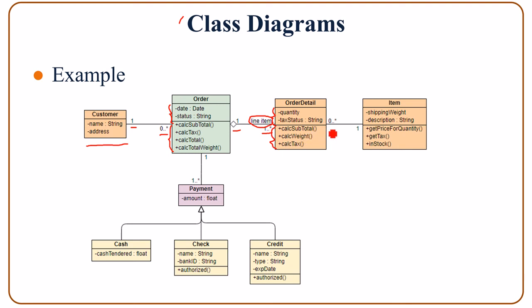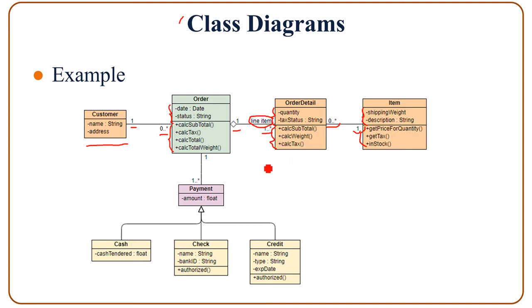Actually, 0 or more order details are associated with one item. In the class item, there are two attributes, shipping weight and description. They are all private, and there are three public methods.